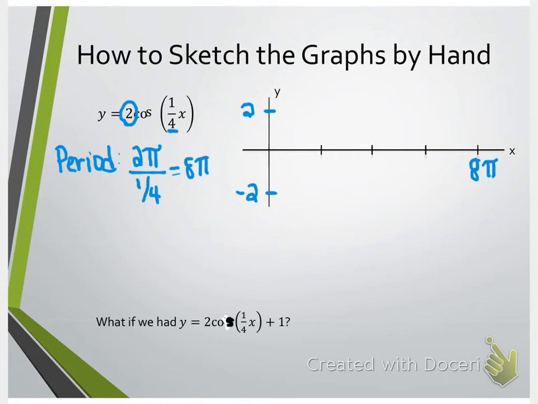Okay, so that's not too bad to divide up, right? So half of 8 pi is 4 pi. Half of 4 pi is 2 pi. And then just to make sure you get the hang of it so that when you do the fractions, 2 pi and 4 pi is 6 pi. And it starts high. Now we'll stop that.